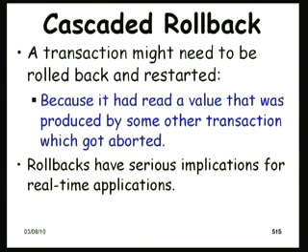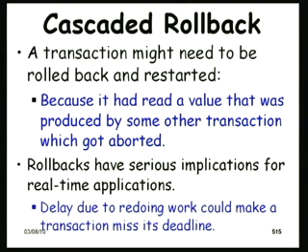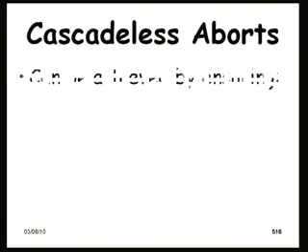So, when we have cascaded rollbacks, a lot of computation is wasted, and naturally rollbacks have serious implications for real time applications. The delay may arise due to redoing a lot of work that was wasted, and this can lead to a transaction missing its deadline.